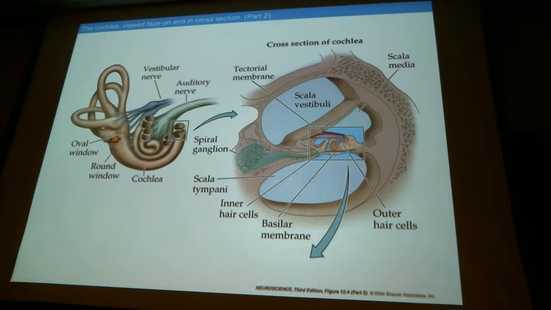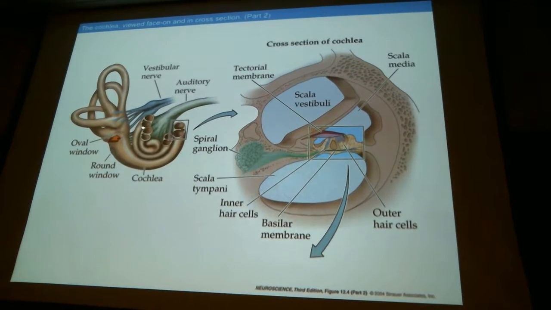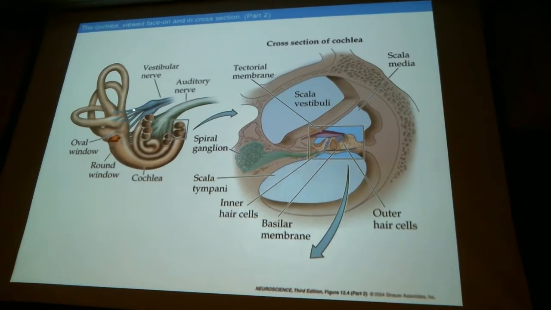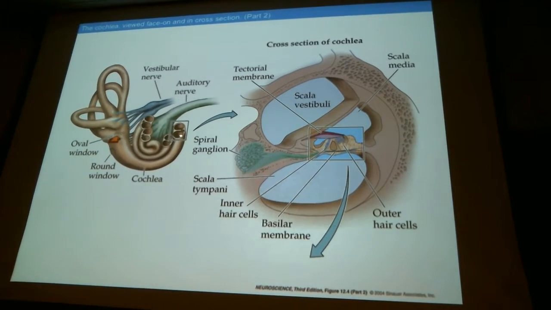Okay, so just to look a little more closely at the cochlea. Here's that oval window. Now we've removed the stapes, and that's what's being vibrated during sound. Below it is a little round window. This coiled up structure is really a set of three tubes fused together and then coiled up. If you take a cross section through one turn of that tube, you see something like this.